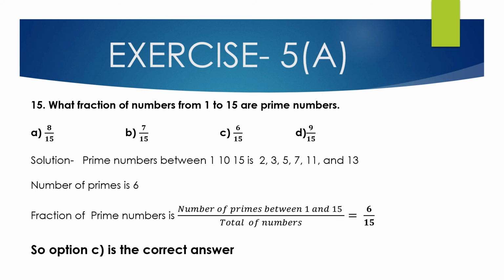Now we solve question number 15: what fraction of numbers from 1 to 15 are prime numbers? We know prime numbers are the numbers which are divisible only by 1 and itself. So prime numbers between 1 and 15 are 2, 3, 5, 7, 11 and 13.